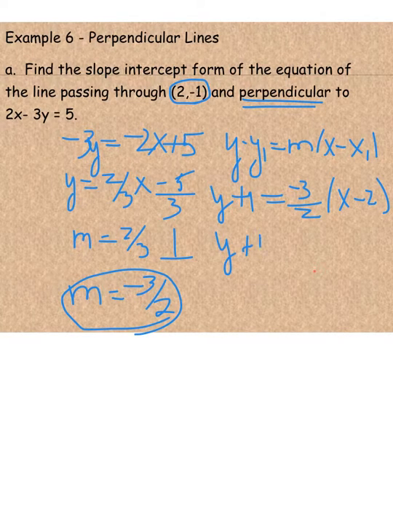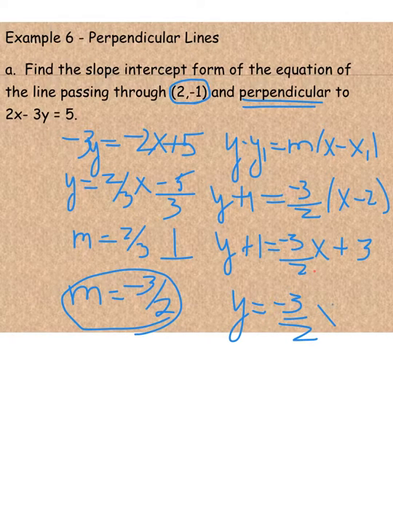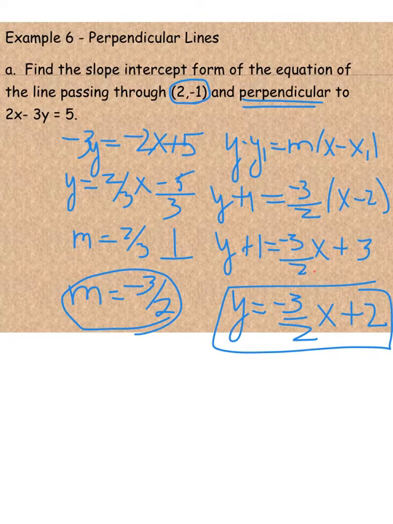We'll distribute again, negative 3/2 x plus 3, and then we'll subtract 1, and this will give us the equation of the line that passes through the point (2, -1) that is perpendicular to this line, 2x minus 3y equals 5. We have y equals negative 3/2 x plus 2.